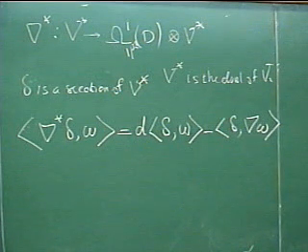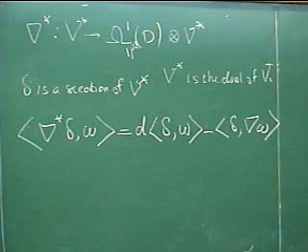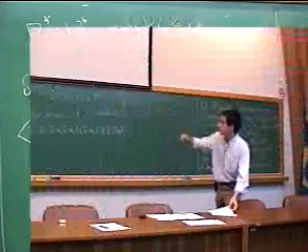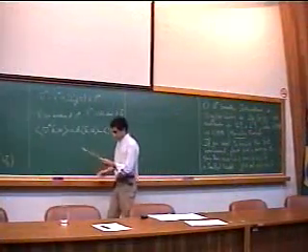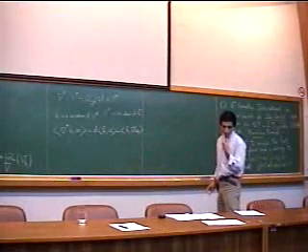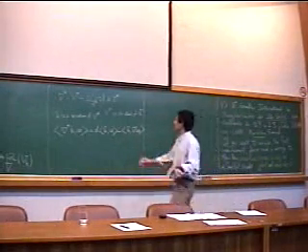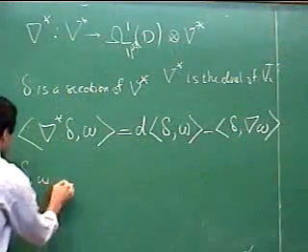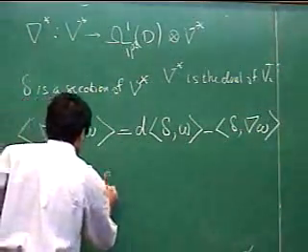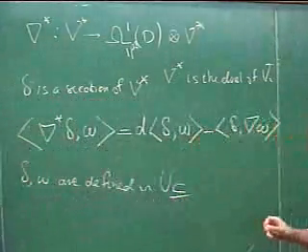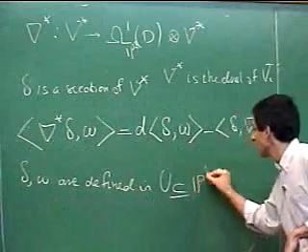Okay. And now, what is the problem? We are interested in this object. Let us suppose that delta and omega are defined in an open set U in P1.